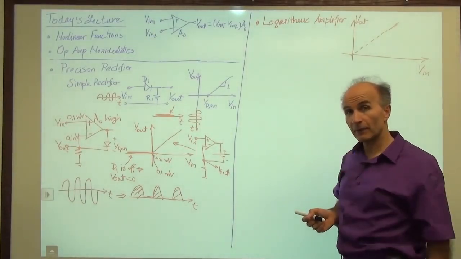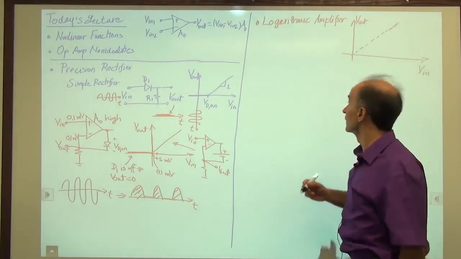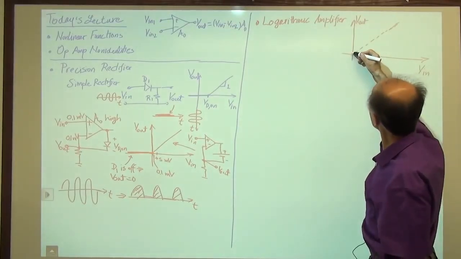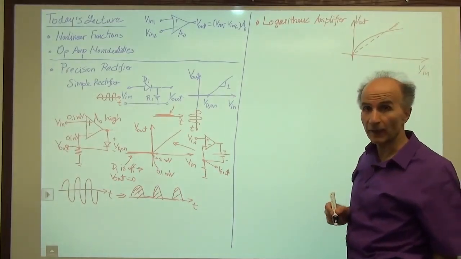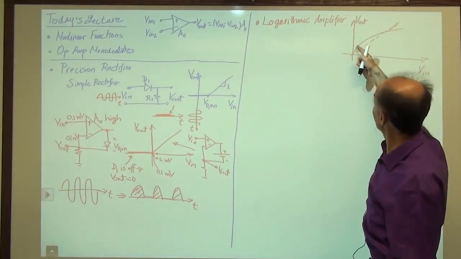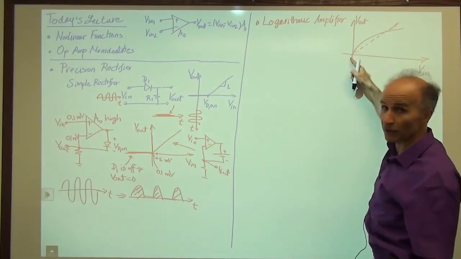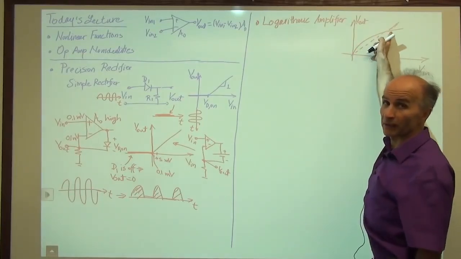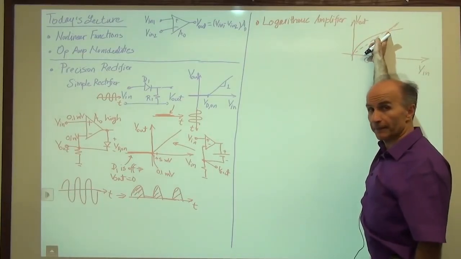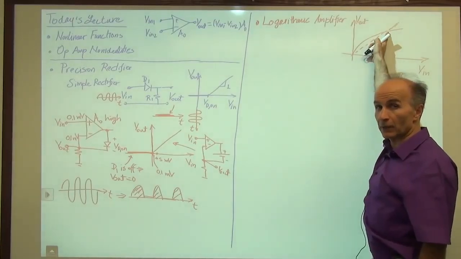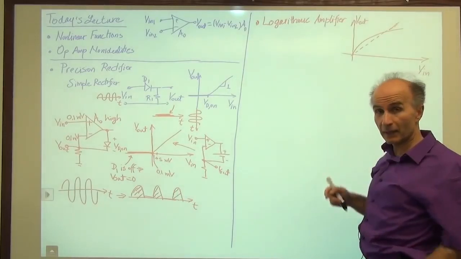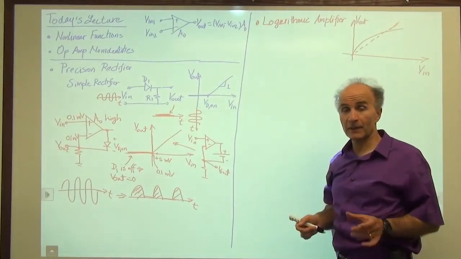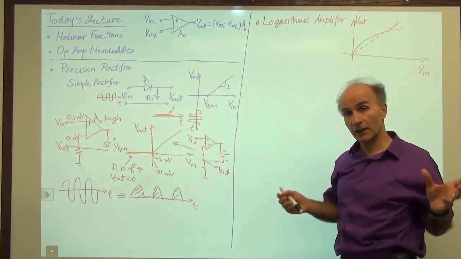But for a logarithmic amplifier, when we plot it, we get something like this. So it's a nonlinear amplifier, and it has a higher gain here. As you can see, the slope is larger, and lower gain here. The slope is smaller. The utility of this becomes obvious if you are dealing with signals that come in, and sometimes the signals are very small, and sometimes the signals are very large.